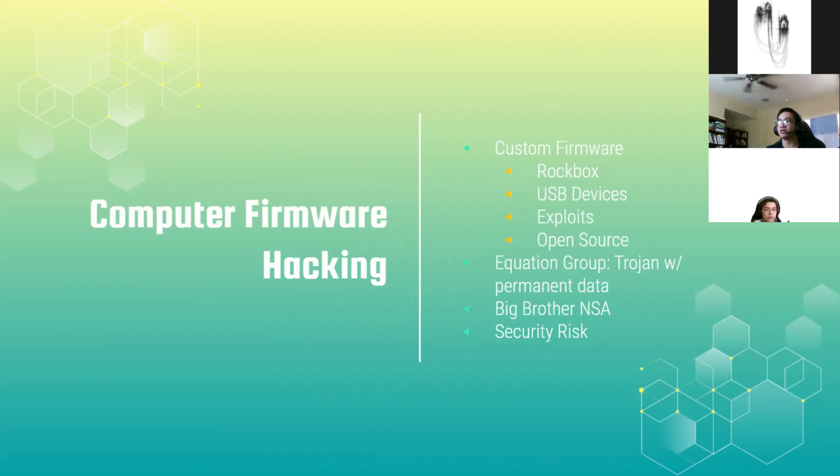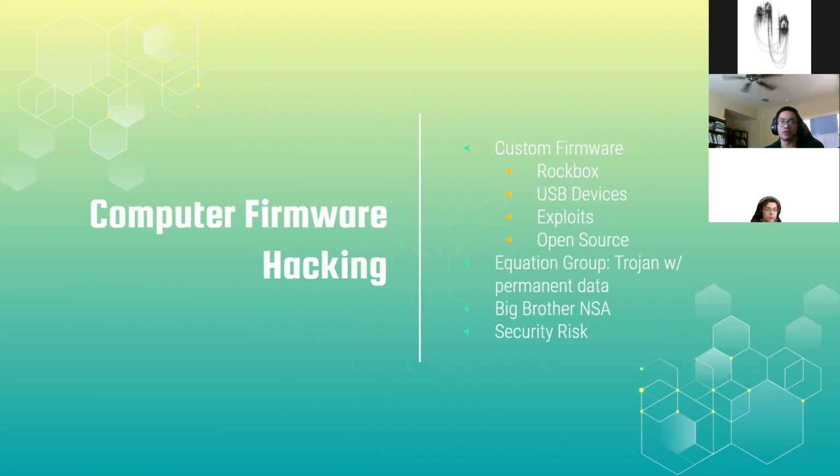One of the exploits is from Equation Group, a Moscow based group of hackers. These guys created a Trojan, and some people think that they worked with the NSA from America to break into stuff and create this exploit. You really don't know when you might be getting hacked with the firmware.